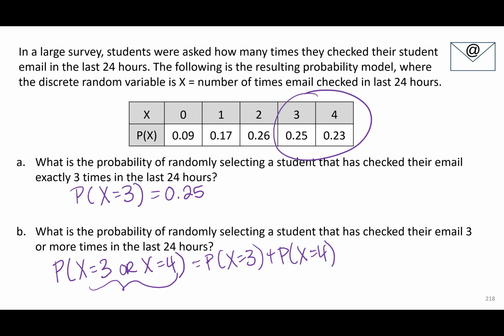I'm just taking these 2 probabilities and adding them together. So 0.25 plus 0.23 is going to be 0.48. So if I were randomly selecting a student from this population, there is a 48% chance that I'd select a student that had checked their email 3 or 4 times in the last 24 hours, according to this probability model.